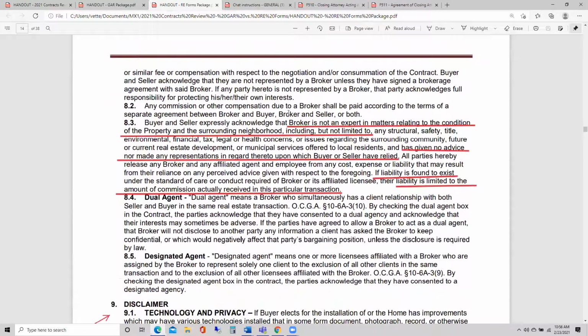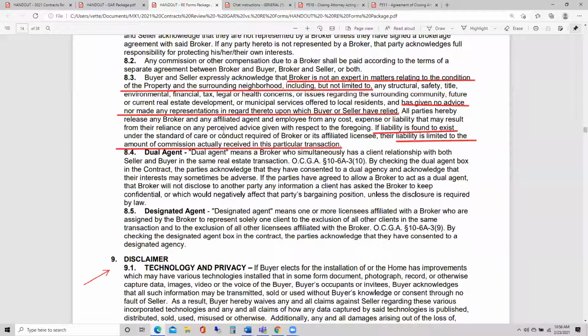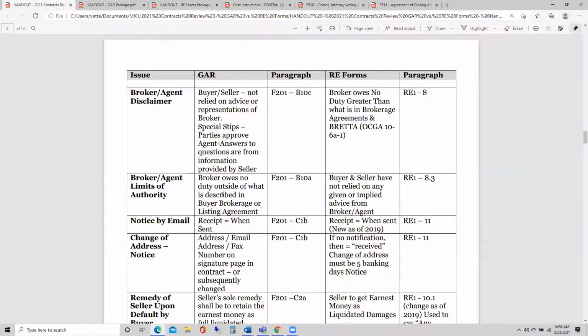And it goes on to say that a broker is not an expert in matters related to the condition of the property. In other words, buyer, it is your responsibility to check out the property, and the parties do not rely on any advice given by the broker or agent. And if there is liability found to exist, liability is limited to the amount of commission actually received in the contract. That same verbiage is actually in GAR, and it limits it to $100.